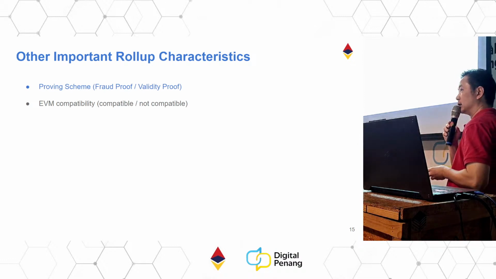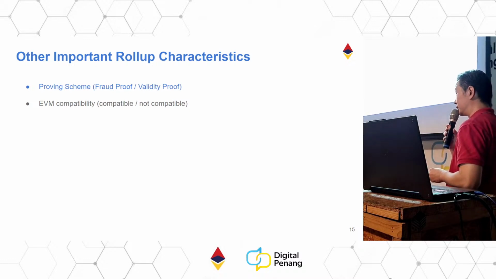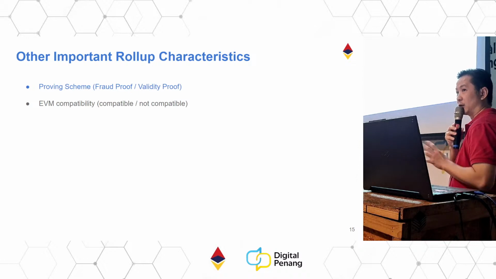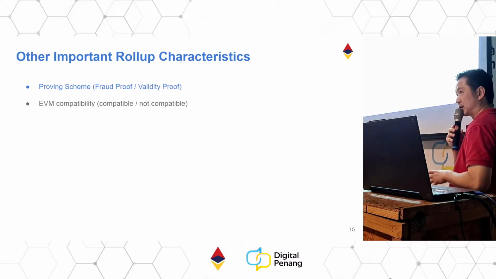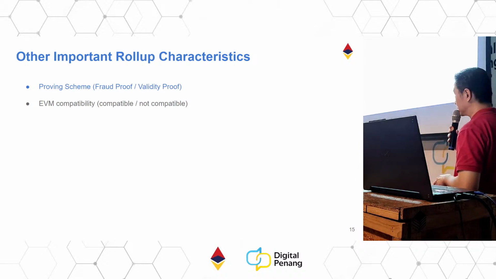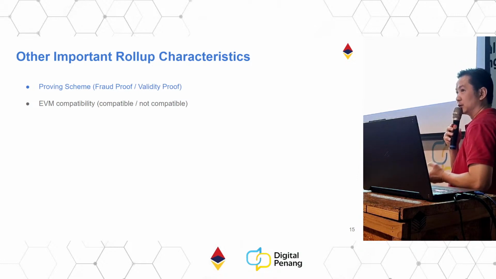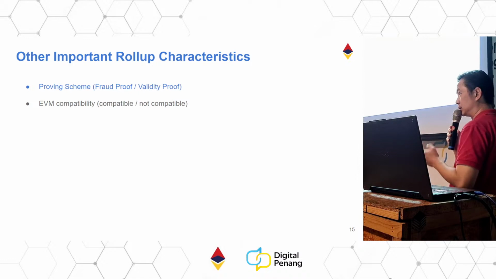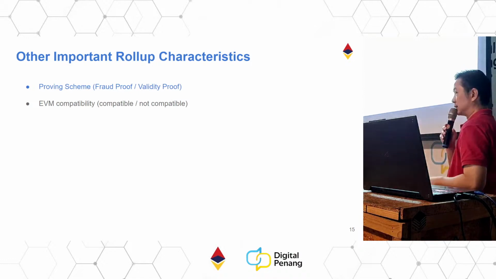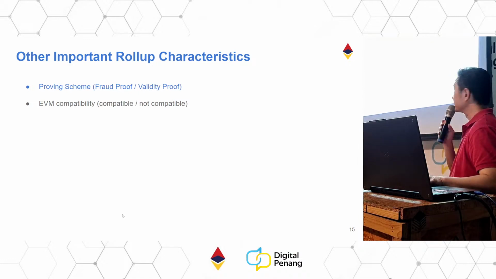A lot of rollups choose to be EVM compatible because they want to capture the network of developers that are already there, the L1 developers. A lot of developers in this world know about EVM and know about Solidity and Vyper. So they can continue to leverage their skills to develop smart contracts for this rollup, right?